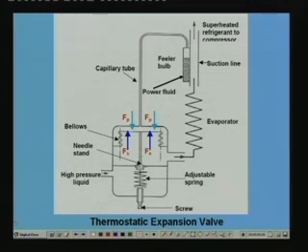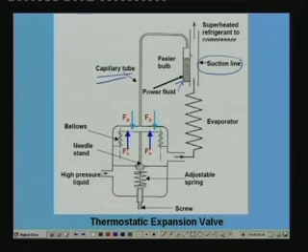as I've already mentioned, this valve consists of a feeler bulb. This is the feeler bulb, and this feeler bulb is attached to the suction line, that is the exit of the evaporator. So there should be a good thermal contact between the feeler bulb and the refrigerant tubing, and the feeler bulb is connected to the thermostat body with a narrow capillary tube.